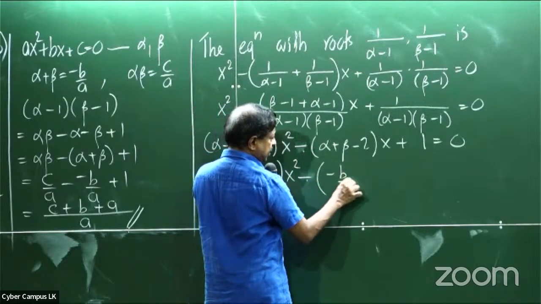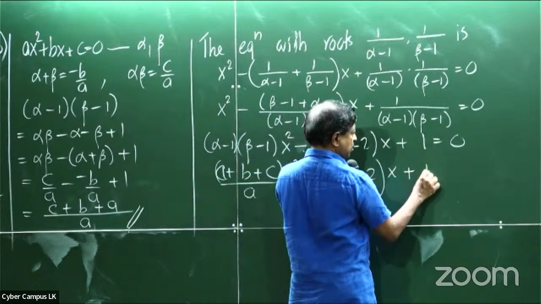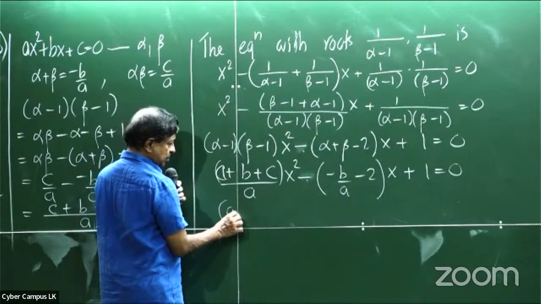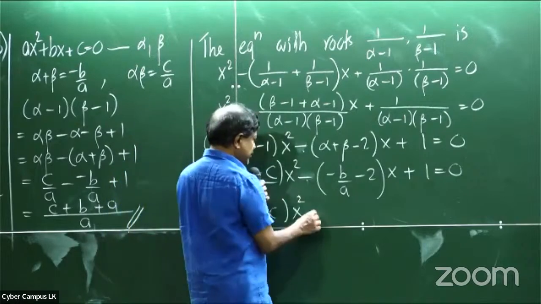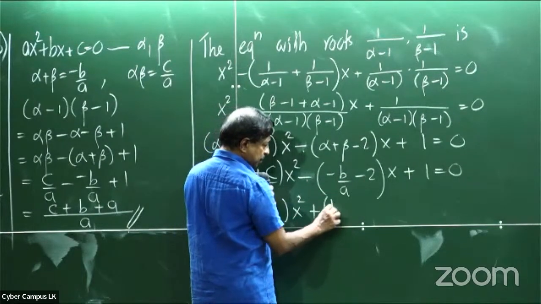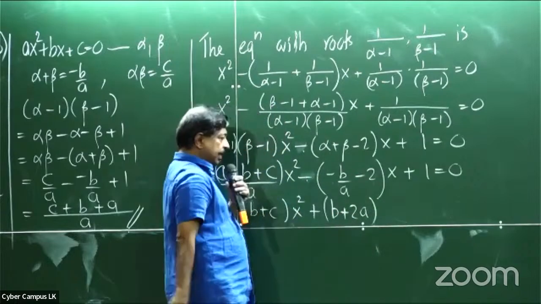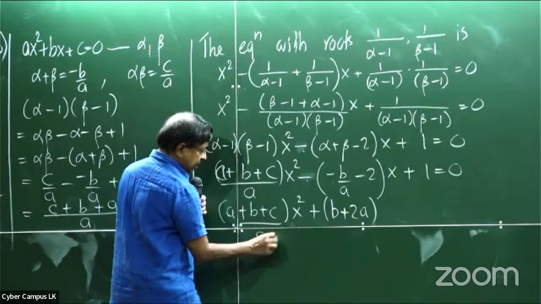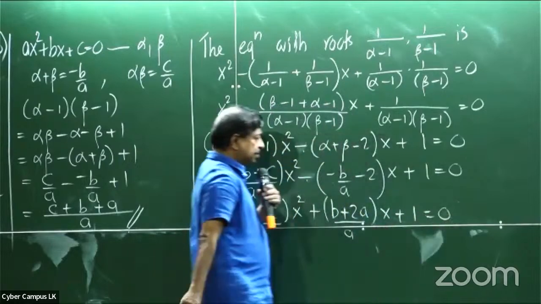Alpha plus beta is minus b over a. If you multiply everything, now this negative sign will make everything positive. When you take a as the common denominator, this will be 2a. And when you multiply everything by a, let me insert a there. Now multiply everything by a.